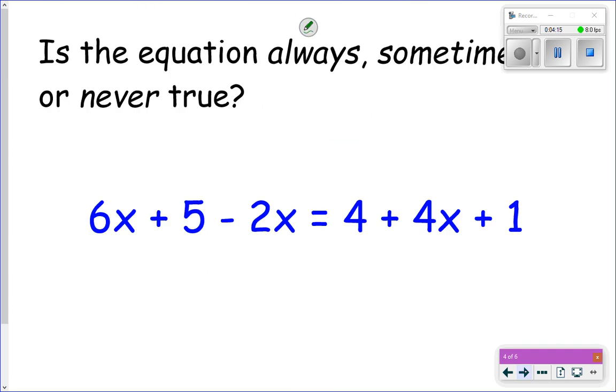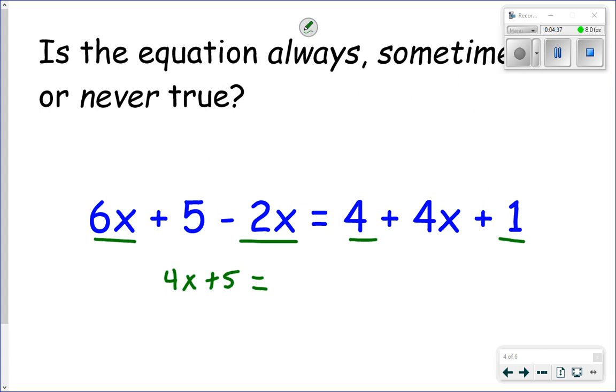Okay, the next one, we've got 6x plus 5 minus 2x equals 4 plus 4x plus 1. Starting the same way we did the last time, we need to combine like terms on the left-hand side. 6x minus 2x would be 4x. Bring down my plus 5. And then on the right-hand side, I can combine the 4 and the positive 1 to get 5. And then bring down plus 4x.